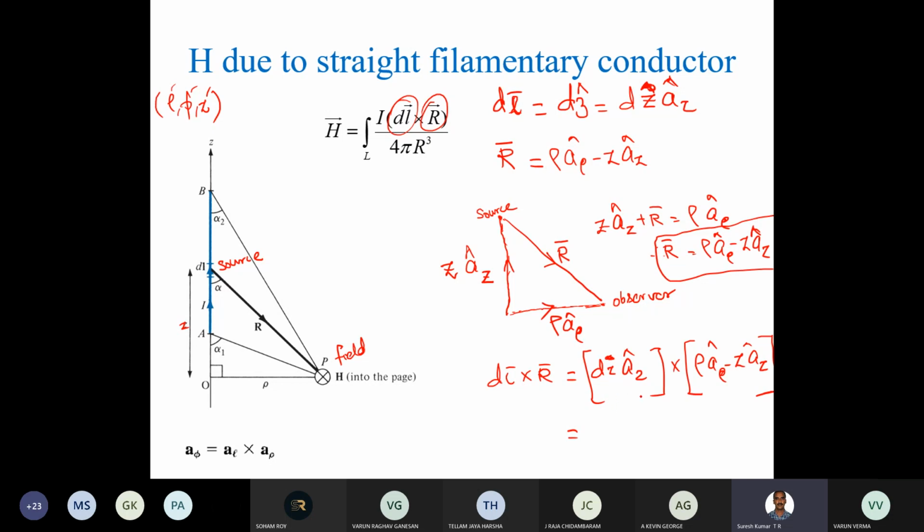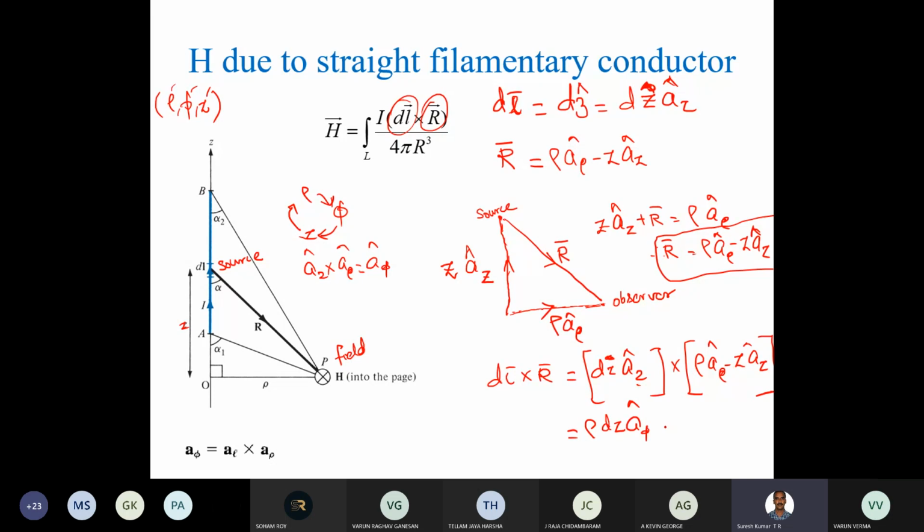So what is the first step? Can you give me the answer? Rho into dz. What is az cross a rho? For the cross product, you need to go in the cyclic order. So AZ cross A rho is A phi. Correct?